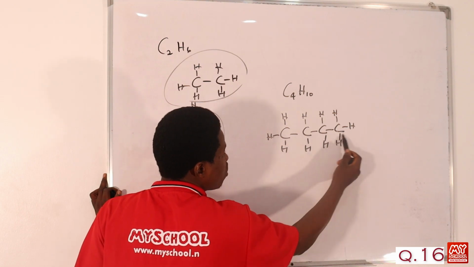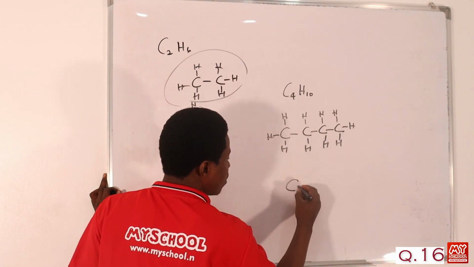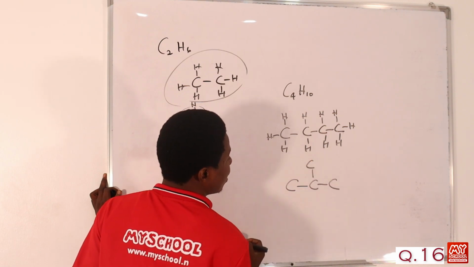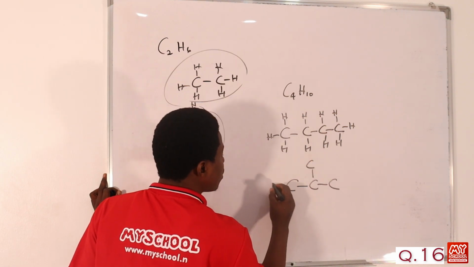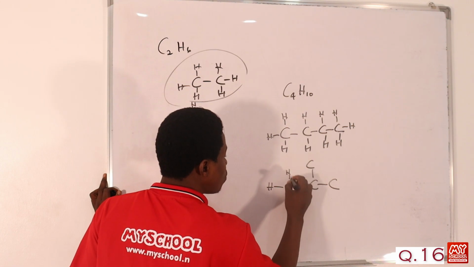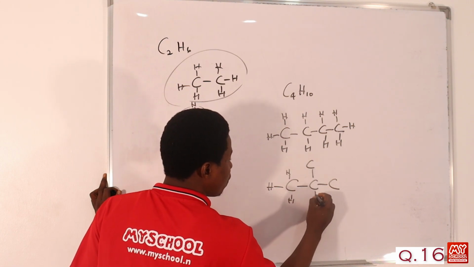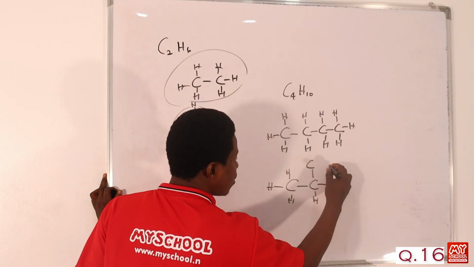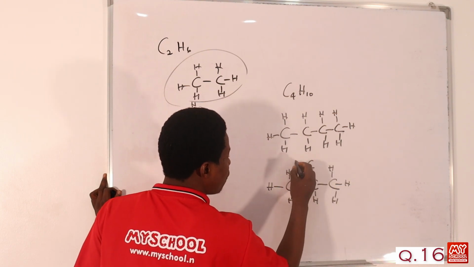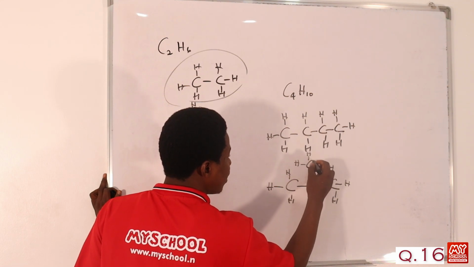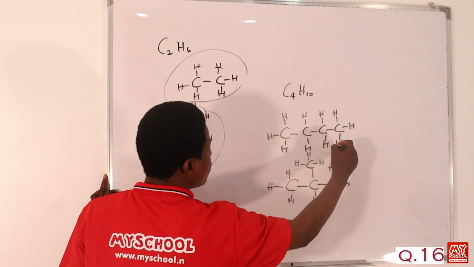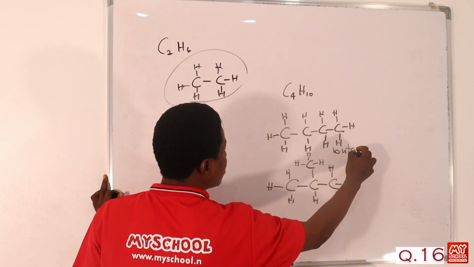Instead of having a 4 straight chain, we can have a 3 carbon atom chain, 1, 2, 3. Then the 4th carbon, we can decide to put it here, making 4. Then we draw our hydrogens round: 1, 2, 3, 4, 5, 6, 7, 8, 9, and 10.